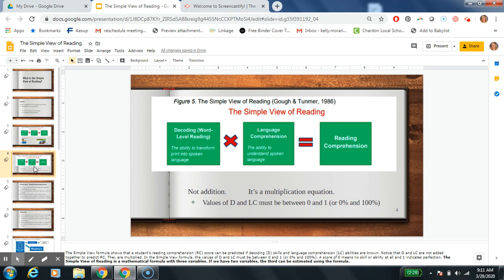Okay, so what's important to know about this formula is that it's not an addition formula, it is a multiplication formula. So that means if one of the components is a zero, if a child has no ability to decode but has strong language comprehension, then they're still not going to have fully developed reading comprehension.